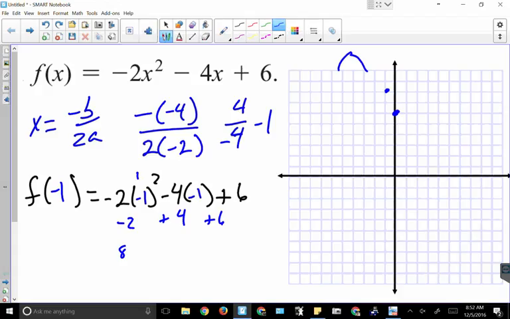Now, because I know that through the vertex is the axis of symmetry running down, I have something running there as my axis of symmetry, correct?